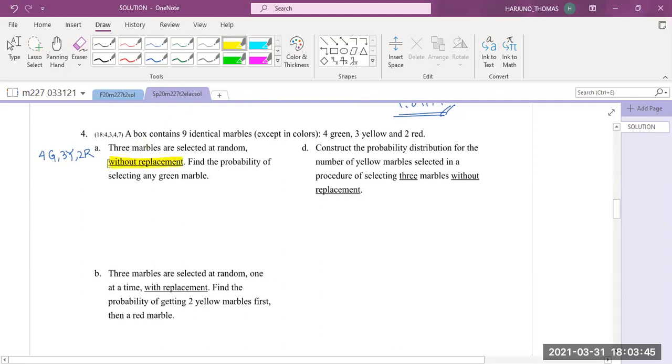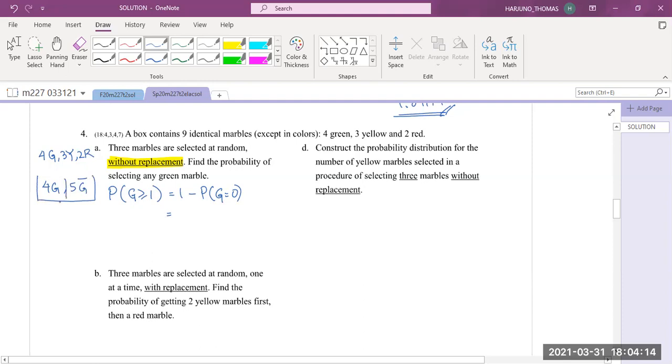So it is not binomial. Find the probability of selecting at least one green. That's 1 minus the probability of getting no green. Okay, so the way we look at the box now is 4 green and 5 not green. That's how we look at the box right now.